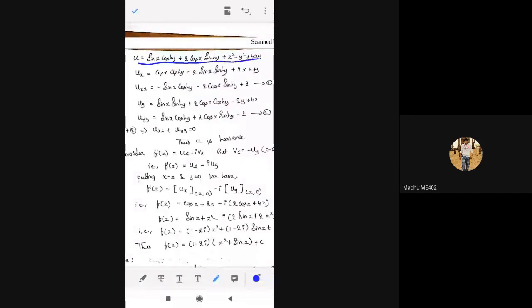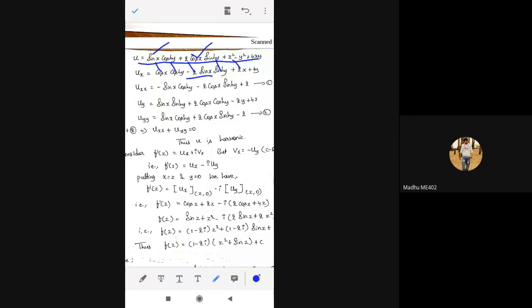When you do partial differentiation with respect to x, cosh y is constant, so keep it as it is. The derivative of sin x is cos x. Then sinh y is constant and 2 is constant. The derivative of cos x is minus sin x, so we wrote minus 2 sin x sinh y. Then the derivative of x squared is 2x.